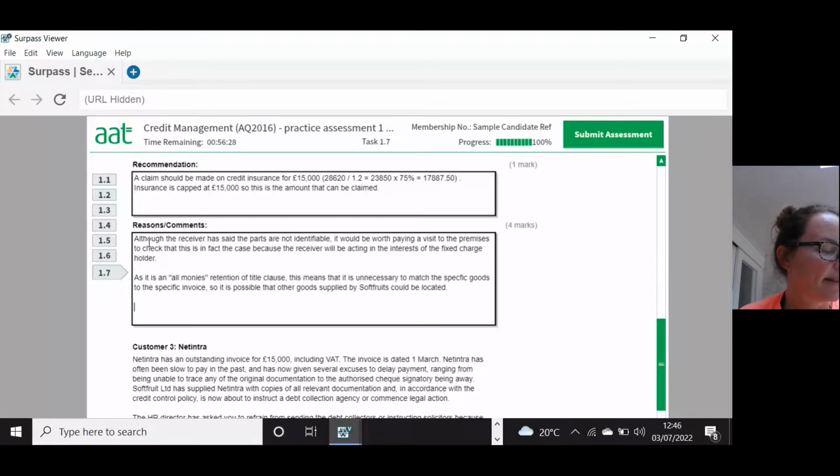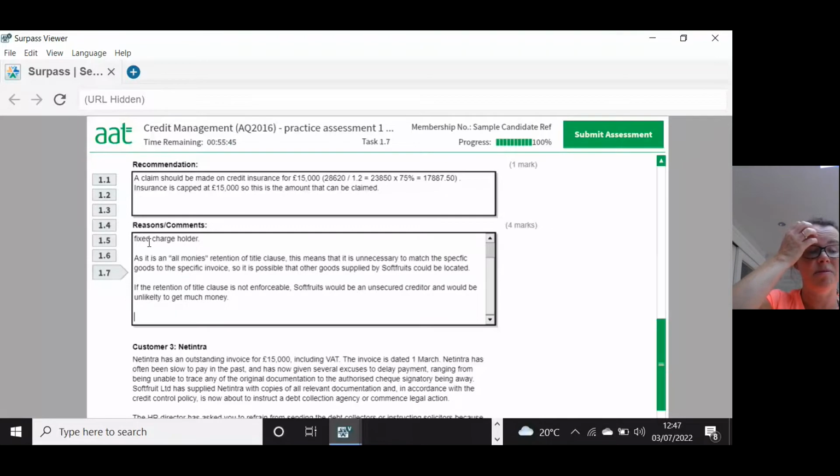So that's a good point. If the retention of title clause is not enforceable, Softfruit would be an unsecured creditor and would be unlikely to get much money.